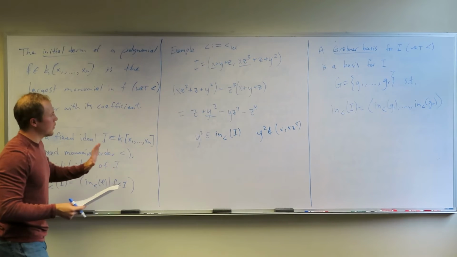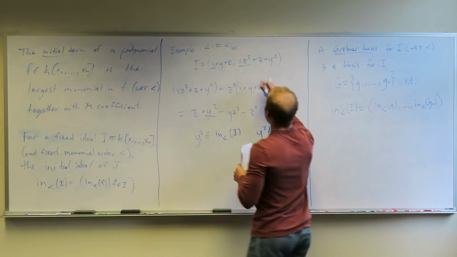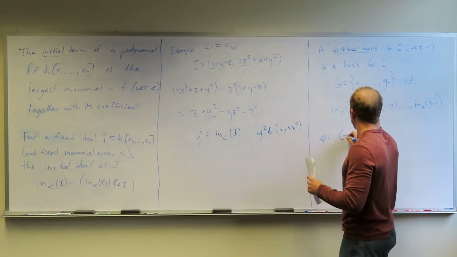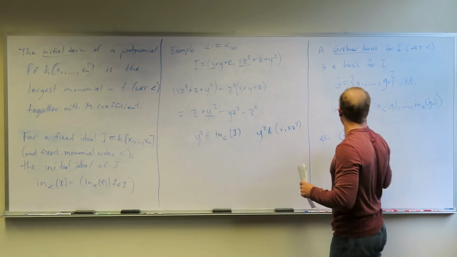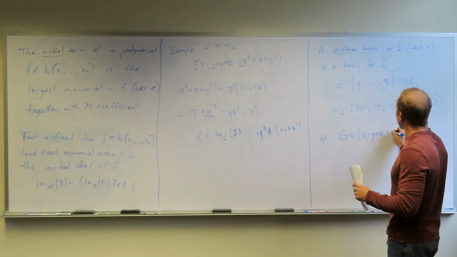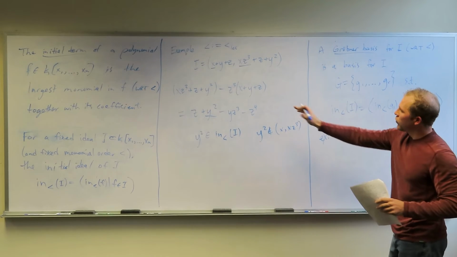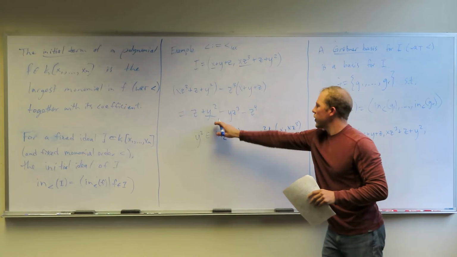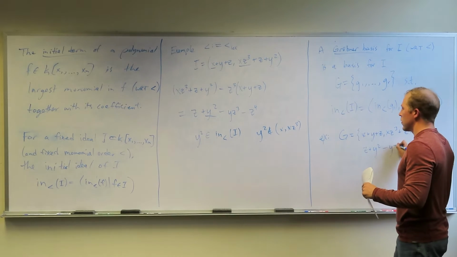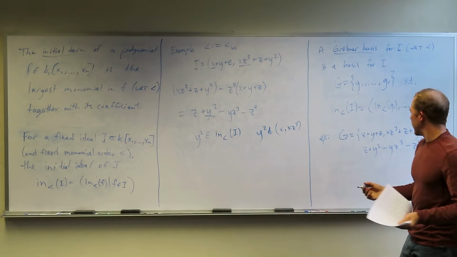And so to relate this back to the example, if I just take the two polynomials that I started with, and then I throw in this new polynomial that we computed, this is a Gröbner basis, right?